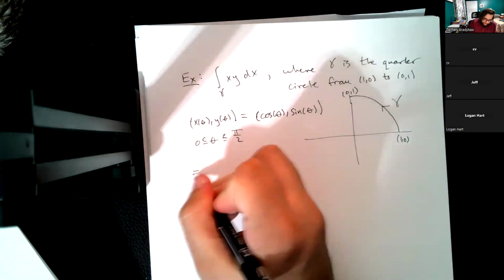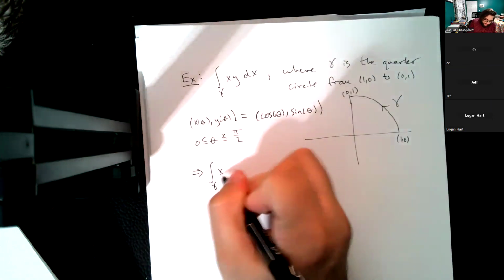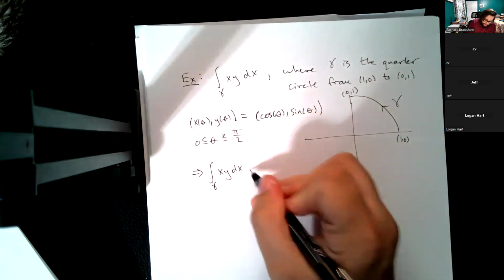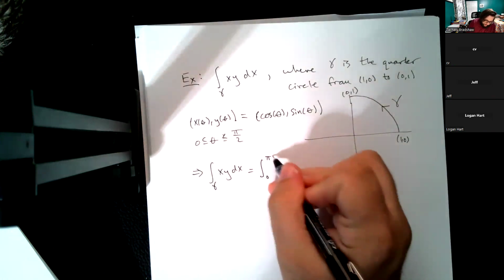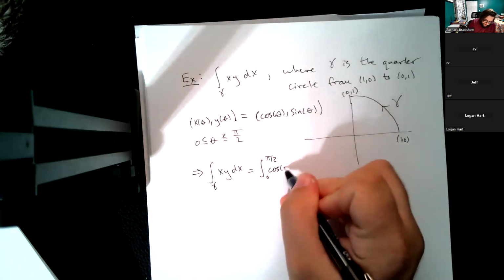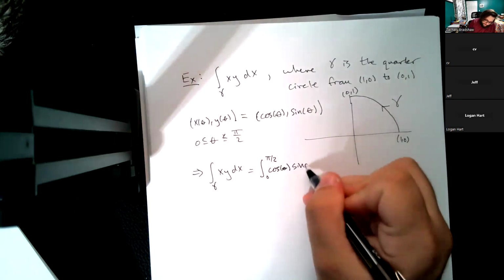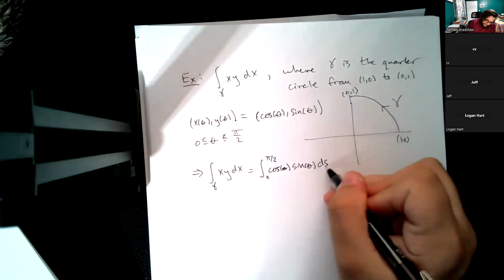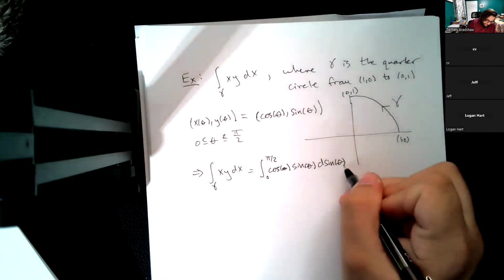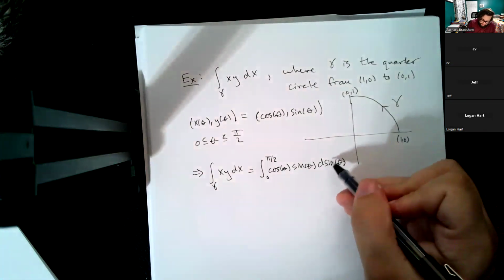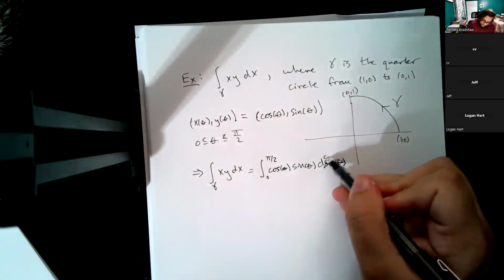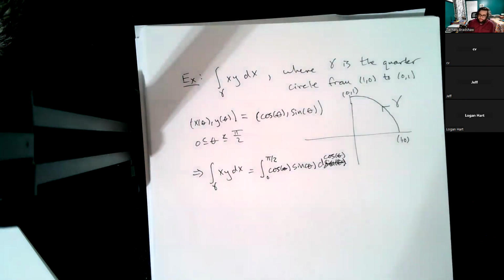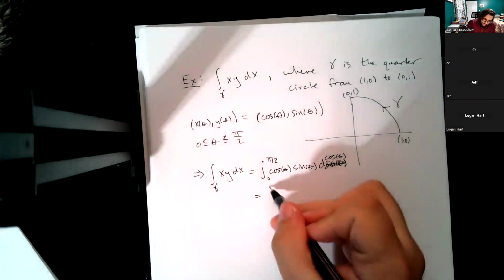Okay, so that tells us that the integral over gamma of xy dx is the integral from 0 to pi over 2 of cosine theta sine theta d sine theta, or sorry, d cosine theta. That's an x. And we can compute that differential.